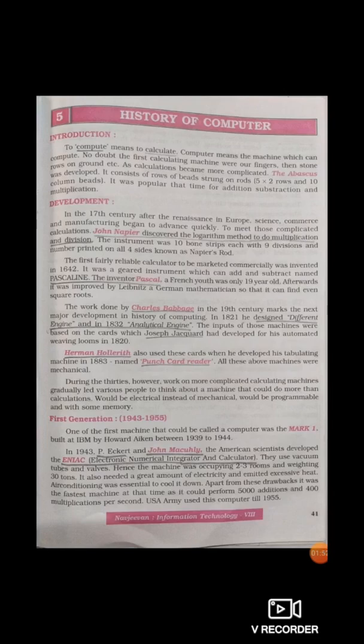So this person, John Napier, discovered the logarithm method to do multiplications and divisions, and it describes how that instrument was. It comprised 10 bone stripes, each with 9 divisions and numbers printed on all four sides. It was known as Napier's rod.